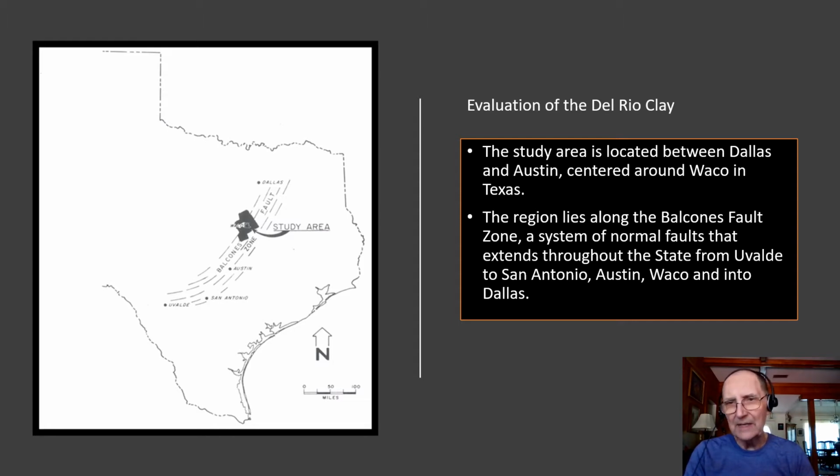It's really centered around the Waco area. This region lies along the Balcones Fault Zone, which is a system of normal faults that extends pretty much across the entire state, from Uvalde through San Antonio, Austin, Waco, and into the Dallas area.